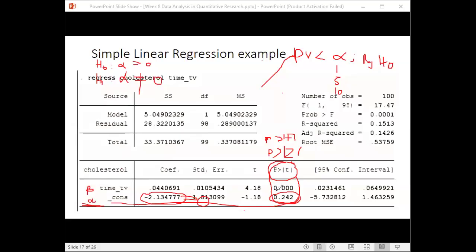Let's look at the second one, beta. The p-value is 0.0000. If you convert to percent, it is 0%. Now, what will be your decision for a 0% p-value, comparing that to 1, 5, or 10%?